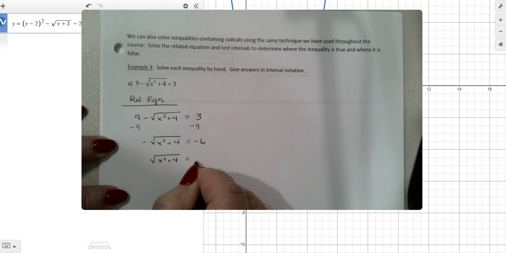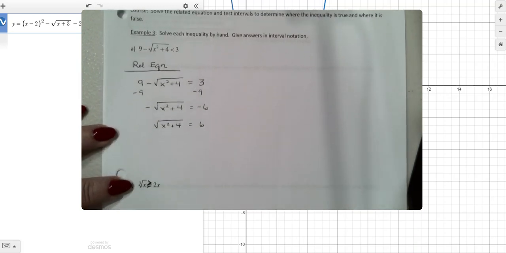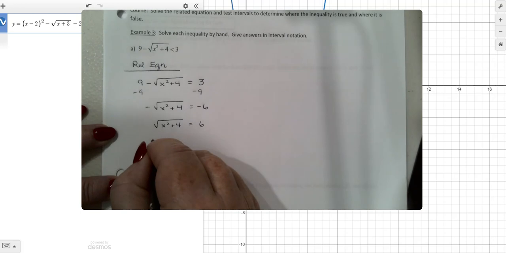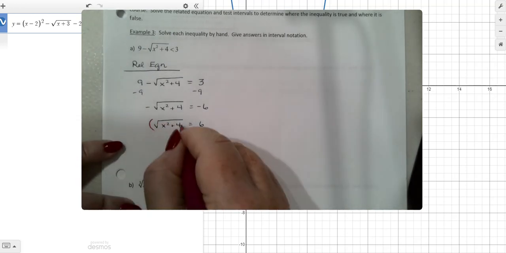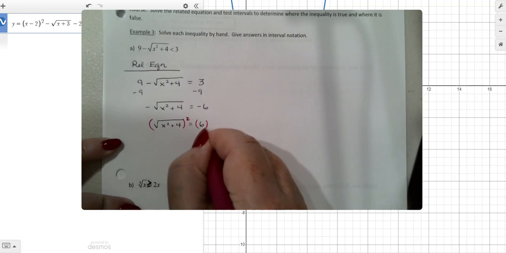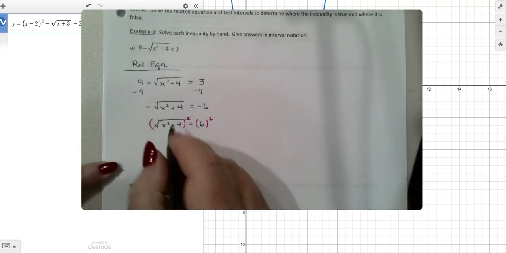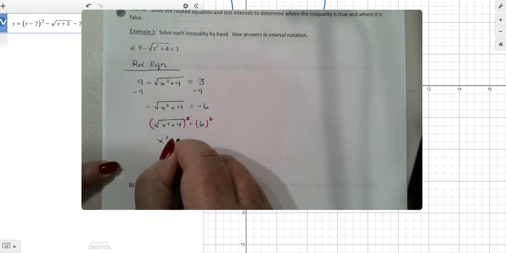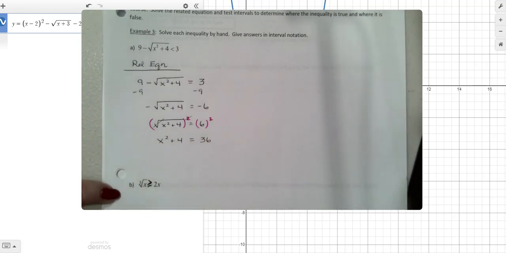It would make that a positive 6 as well. All right, let's square both sides, which gives me, let's see, inverse functions here, x squared plus 4 equals 36.